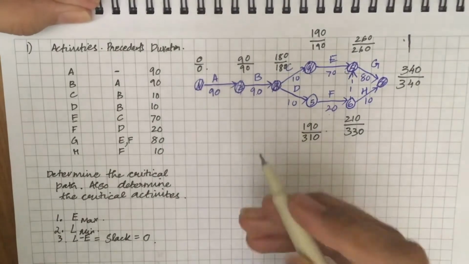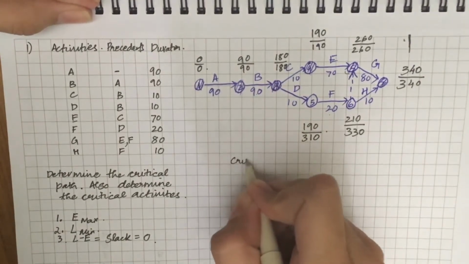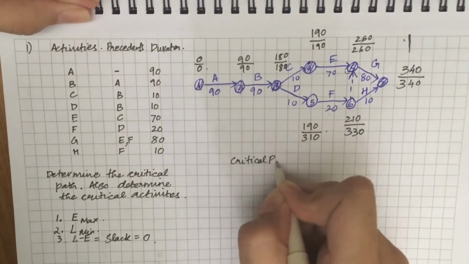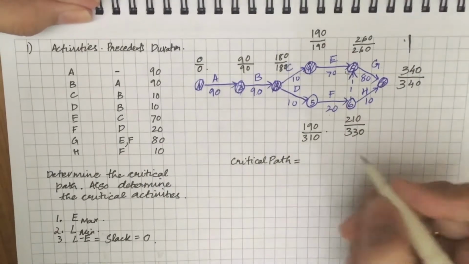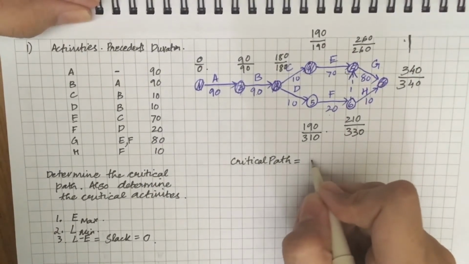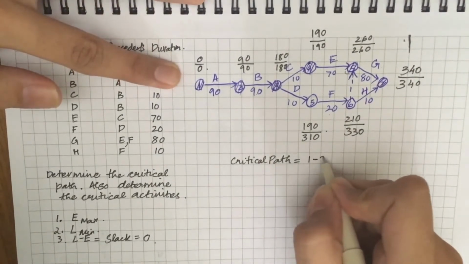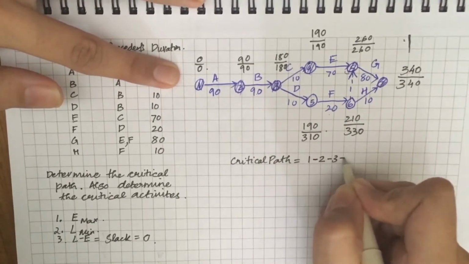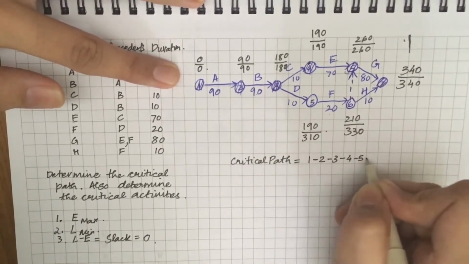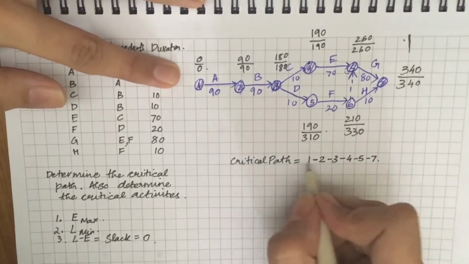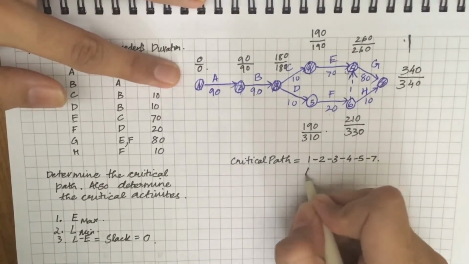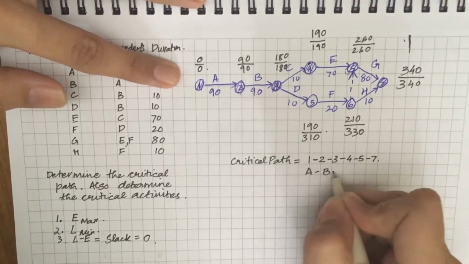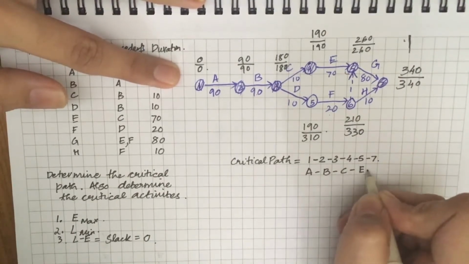The critical path is 1, 2, 3, 4, 5, 7. You can also write this as A, B, C, E, and G.